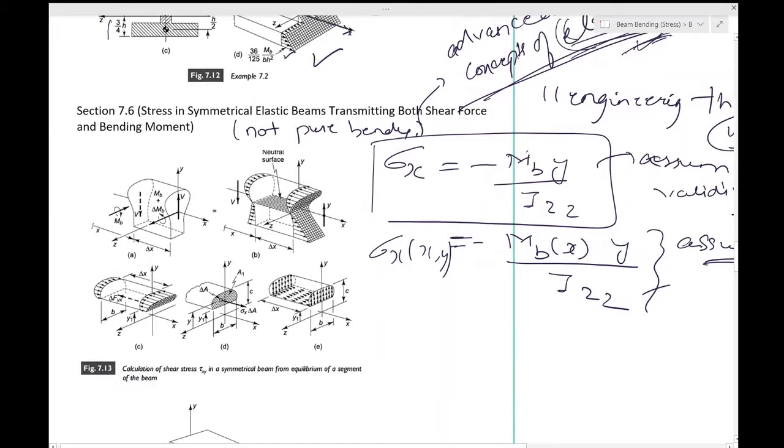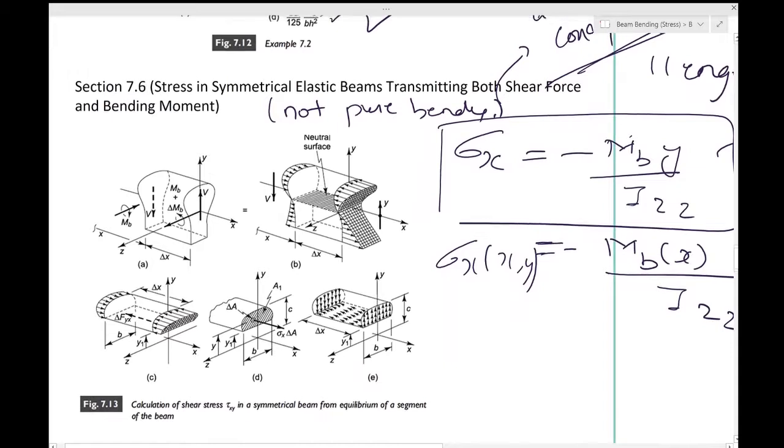Let's see 7.13a, a length delta x of a beam which is subjected to both bending and shear. So there is definitely a bending and then there is shear.